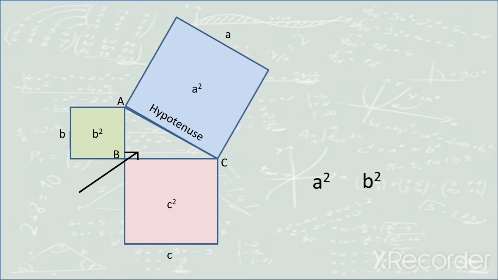Pythagoras says the area of the square drawn on the hypotenuse is equal to the sum of the areas of the squares of the other sides, like this: A squared equals B squared plus C squared. So easily you can remember that the square of the hypotenuse is equal to the summation of the other sides' squares.